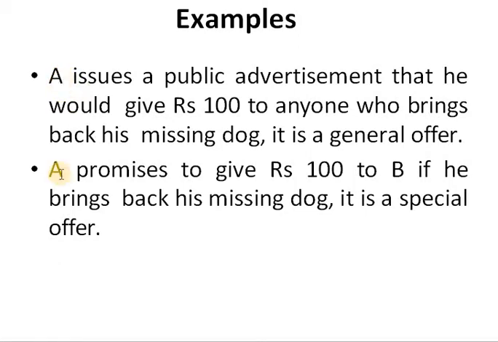And second, A promised to give 100 rupees to B if he brings back his missing dog. This is a special offer. In the second example, A gives an offer only to B, a specified person, so we say it is a special offer. The first is made to the public, not to some specific person.